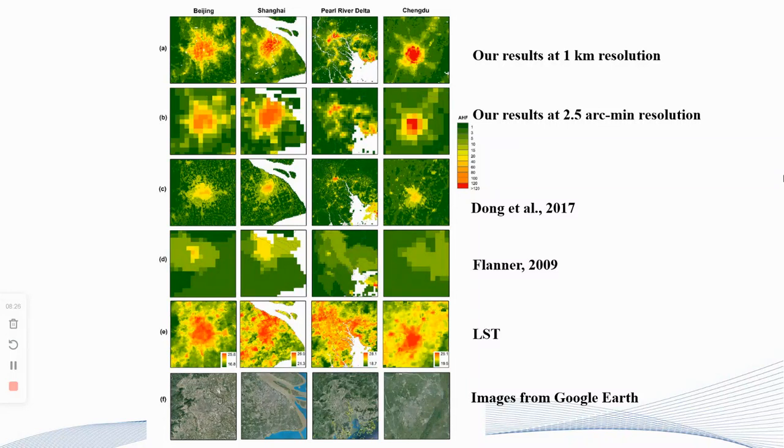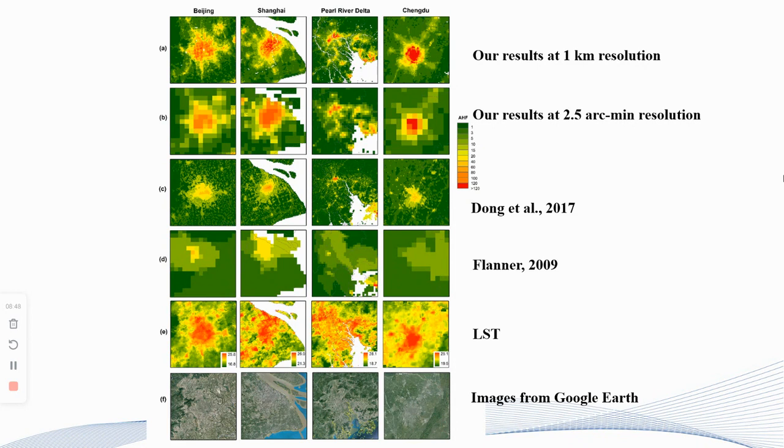There is no direct measure of HE emission, so we can just compare our results with previous studies. This is our study at 1 kilometer resolution, and this is a study from Dong, same resolution.